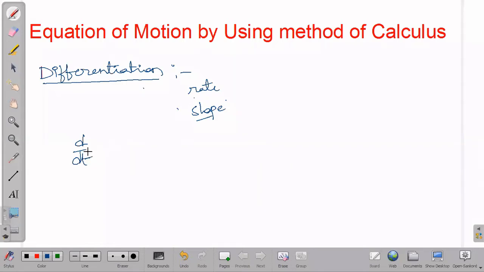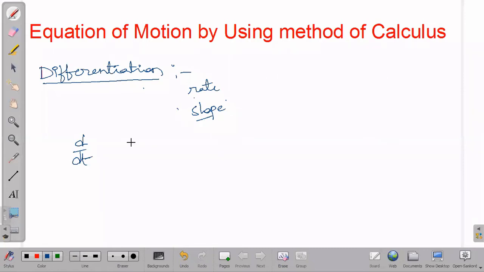In that differentiation video I explained the independent variable, dependent variable, all those. If you want more clarity, you can go through that video. Here I am telling you in short. If you want to find the rate of anything, or the slope of a curve, we go with differentiation.